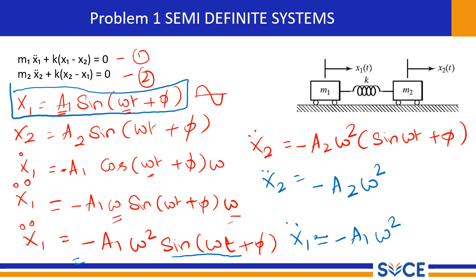You can write it in terms of a1, or otherwise in terms of x1. If phi is very small, x1 equals a1 mathematically, and similarly x2 equals a2. In that case, the term a2 sine (omega t plus phi) becomes a2 itself.